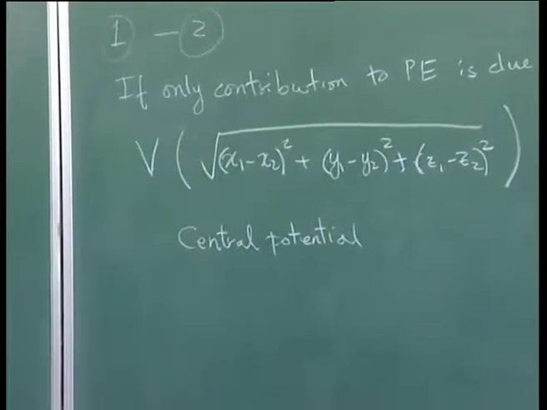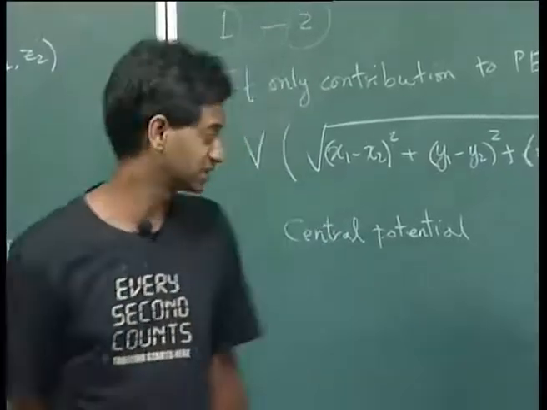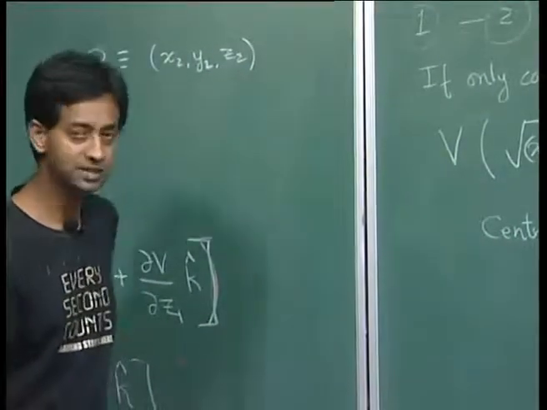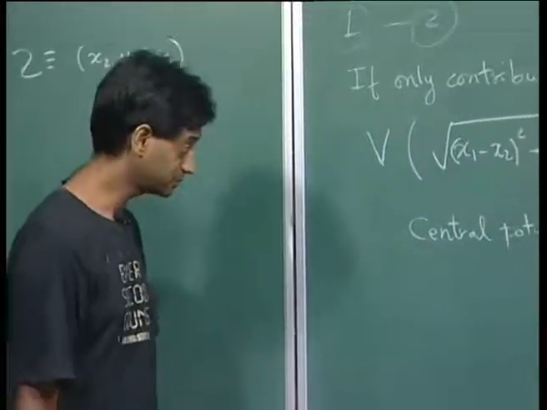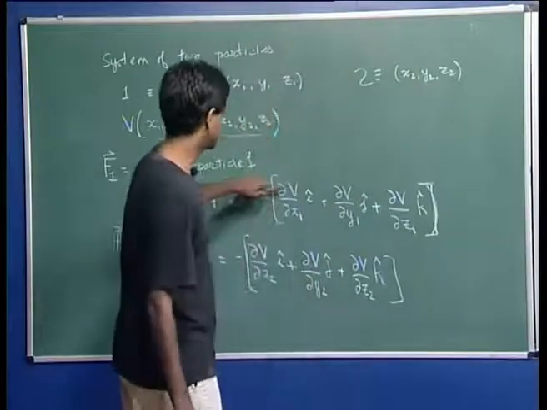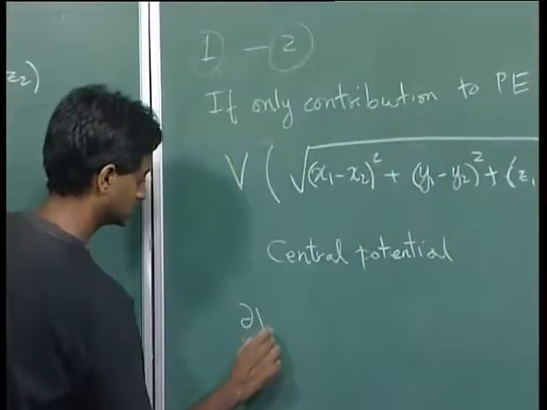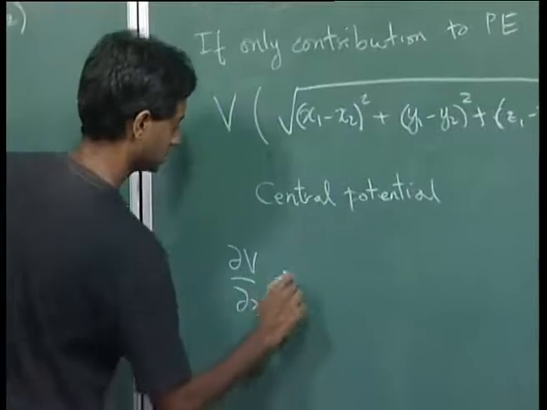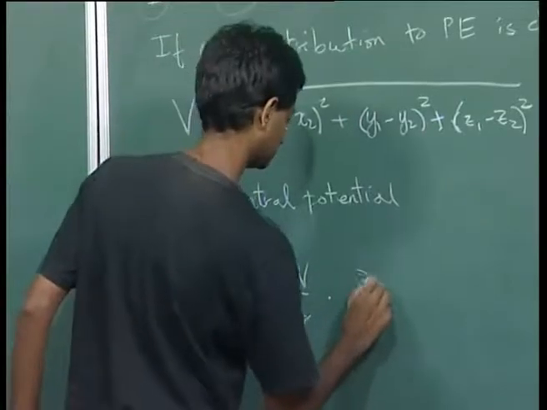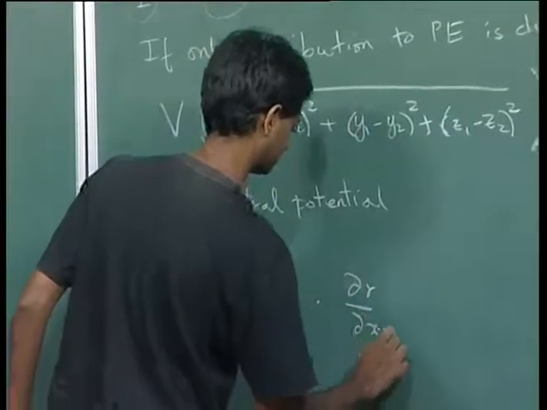In fact, most of the potentials that we know, whether it is the gravitational potential of two bodies attracting each other, or the Coulombic and electromagnetic forces between bodies, are all in the form of central potentials. Now, in case you have a central potential, if you take dV by dx1, it is equal to the partial derivative of V with respect to r times the partial derivative of r with respect to x1.